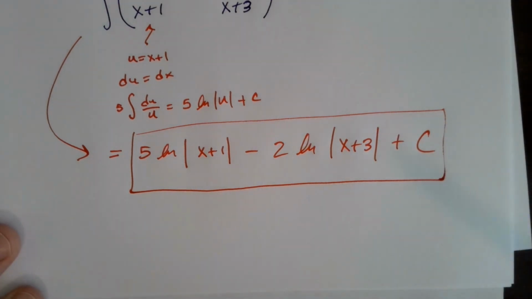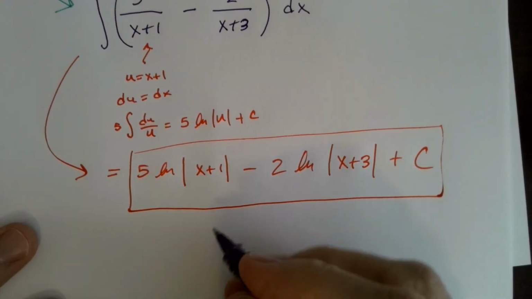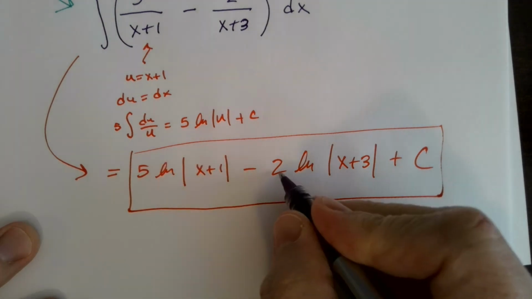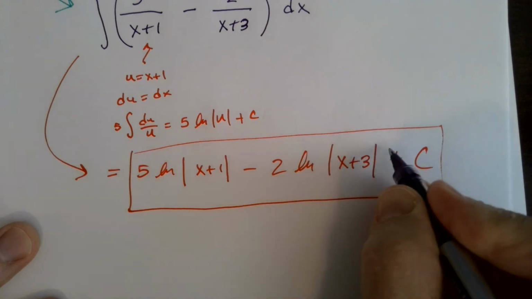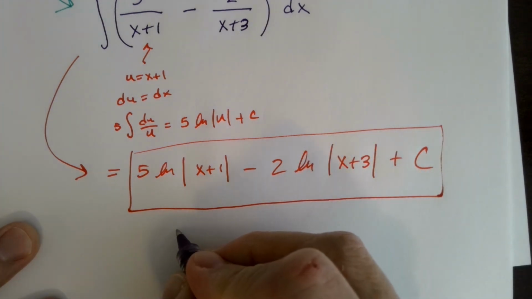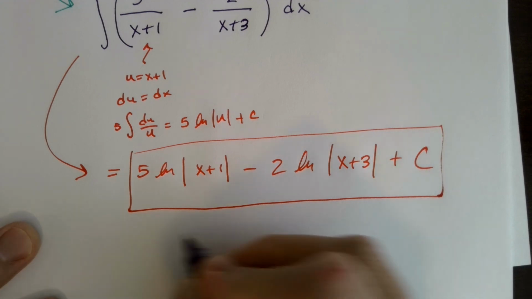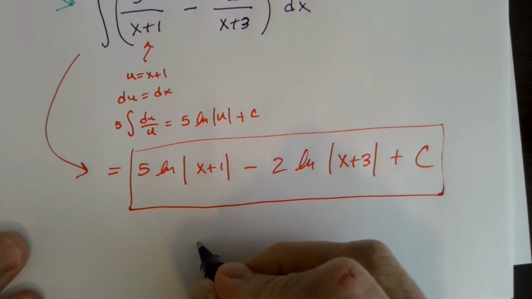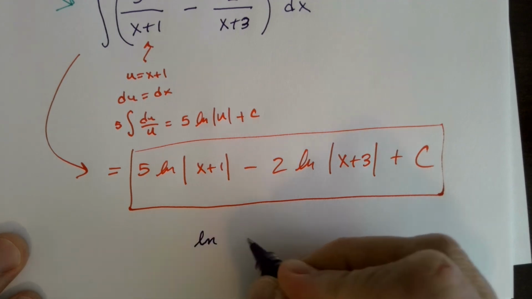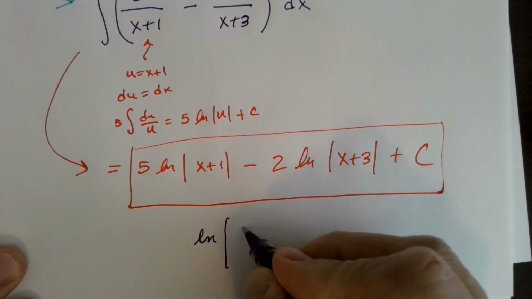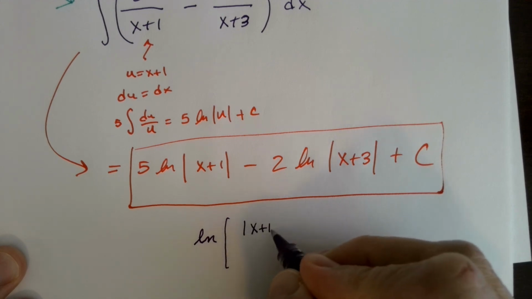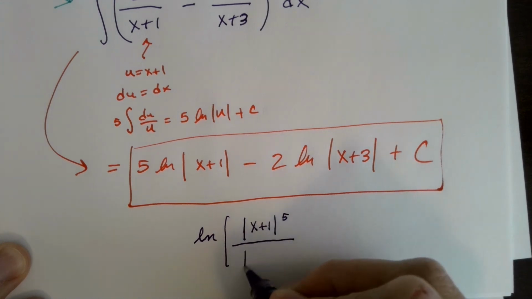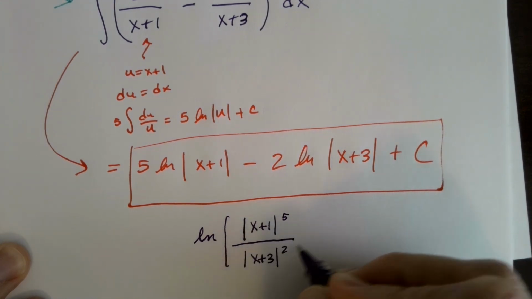Okay, and that's the way I would have you write it. Now, properties of logarithms, you can bring these exponents up, log of x plus 1 to the 5th minus log of x plus 3 squared, and then you can say the difference of logs is the log of the quotient. So all this could be written as the natural log of the absolute value of x plus 1 to the 5th over the absolute value of x plus 3 squared.